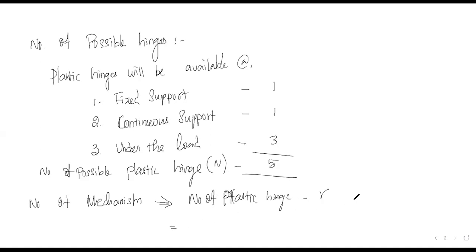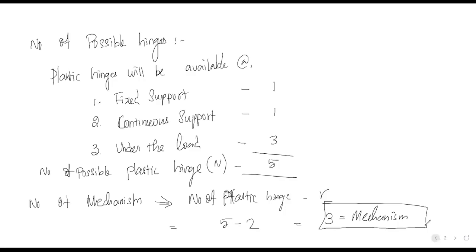So n value is equal to 5 minus r value 2, so the number of possible mechanisms is 3. There are 3 mechanisms available, corresponding to the loads.